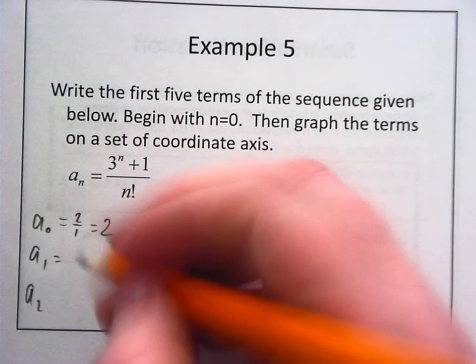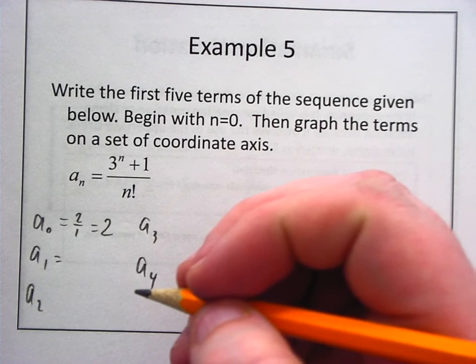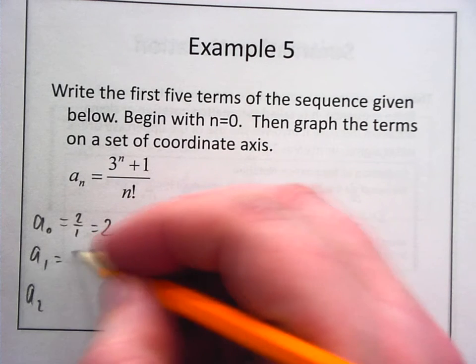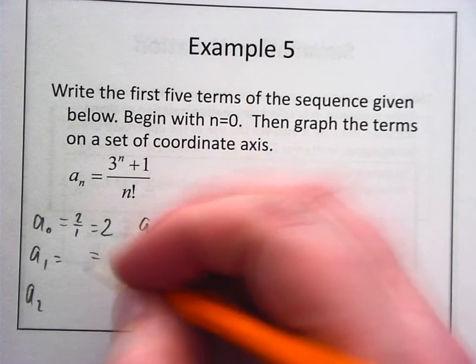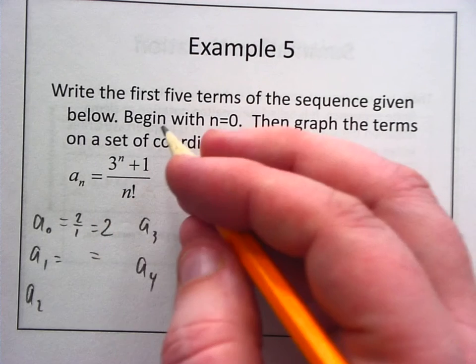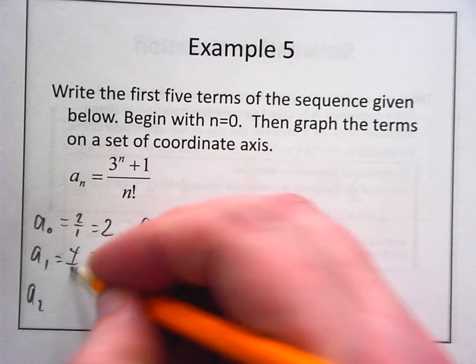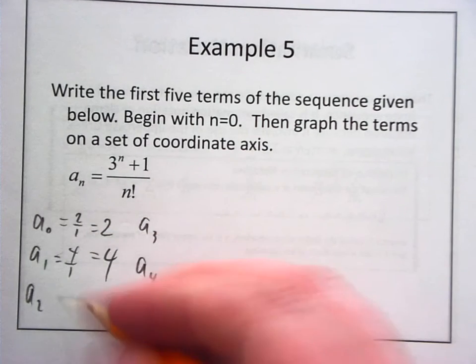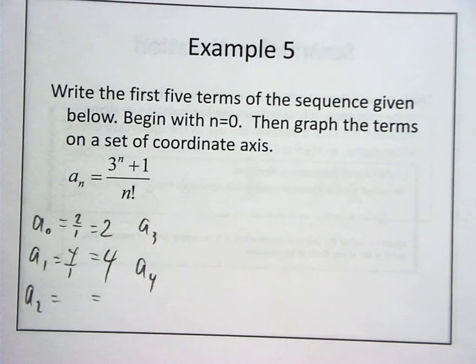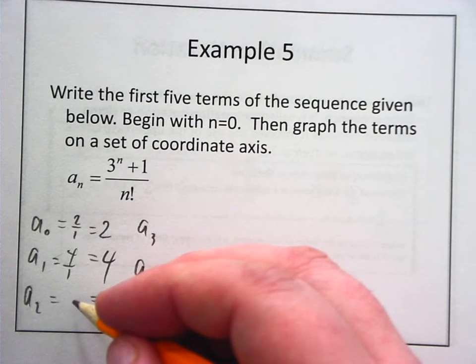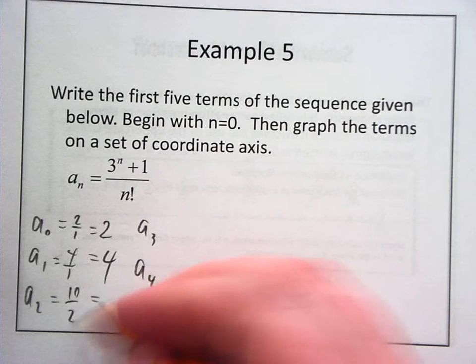You're going to get 4 over... or wait, no, before that, just so people can see the patterns, honestly. Oh wait, yeah, it would just be 4 over 1. I'm sorry, I'm getting ahead of myself. On the next one, what would you get? Top and bottom. Say again? 10 over 2, so 5.